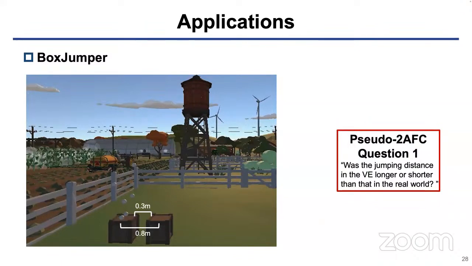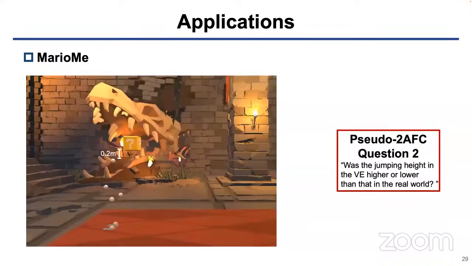The other application is a Super Mario game, where we place some boxes in mid-air, 0.2 higher than the user's head, and let the user hit the box. And we ask the user whether the jumping height is higher or lower than that in the real world. So this is the user study procedure of the games.